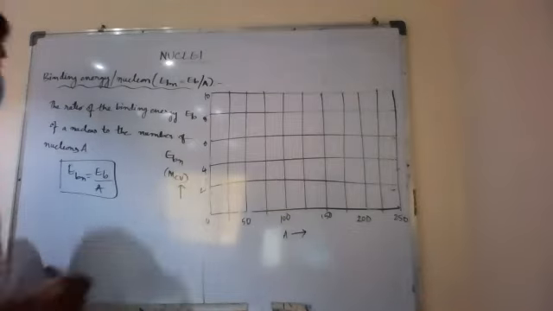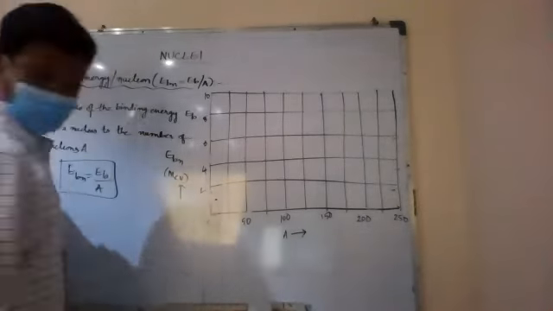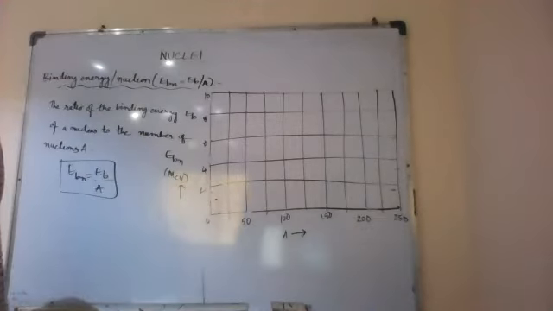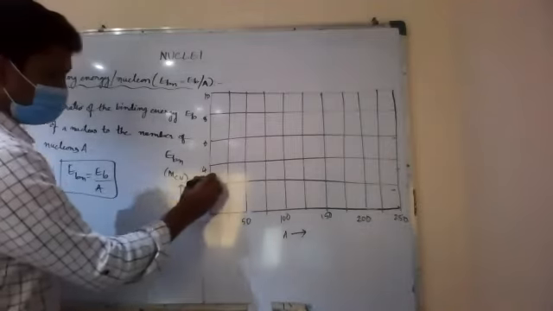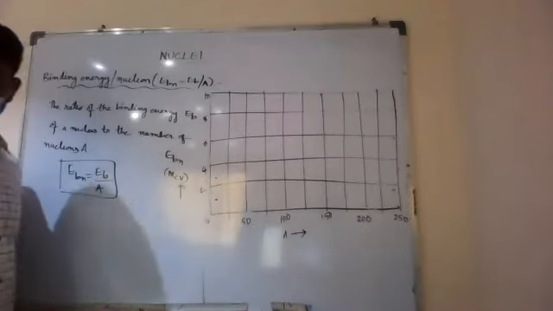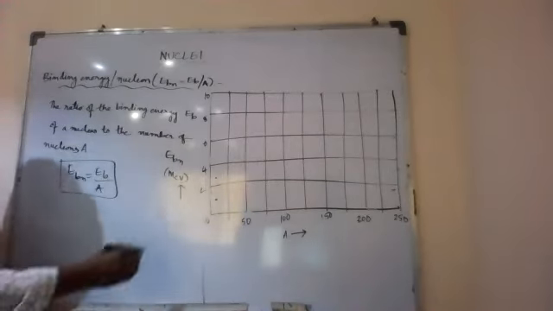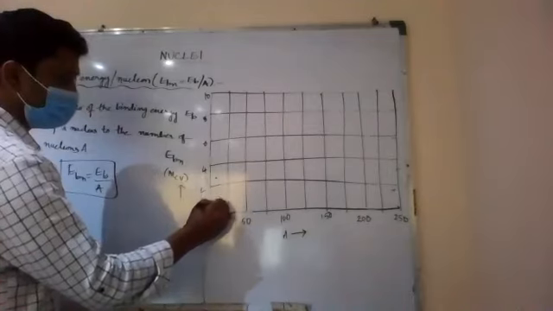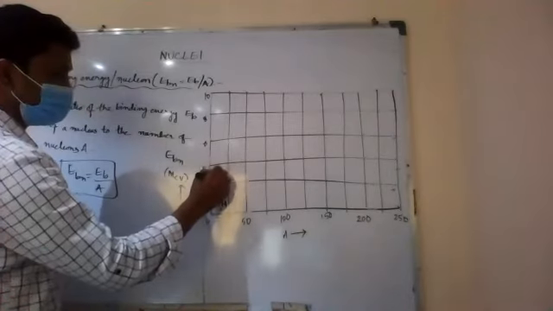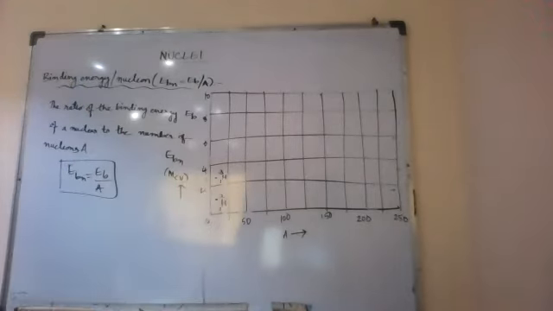Now here, this is 1H2 and this is 1H3. This one is hydrogen 1H2 and this is 1H3. Then comes helium, which is somewhere here.